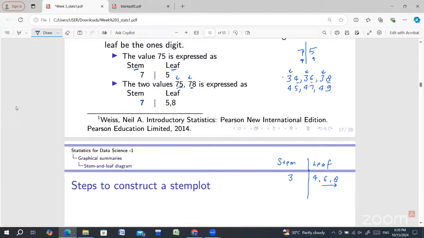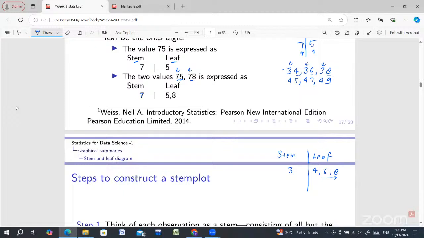So we should not write it like 6, 8, 4. It should always be in increasing order. And then we have the numbers 45, 47, and 49. So the stem will be 4, and the leaf part will be 5, 7, and 9.